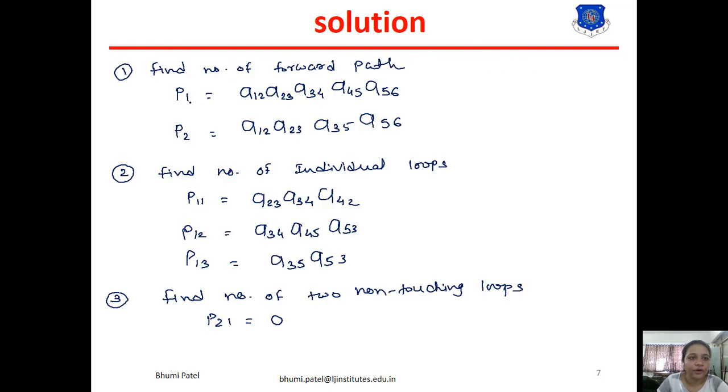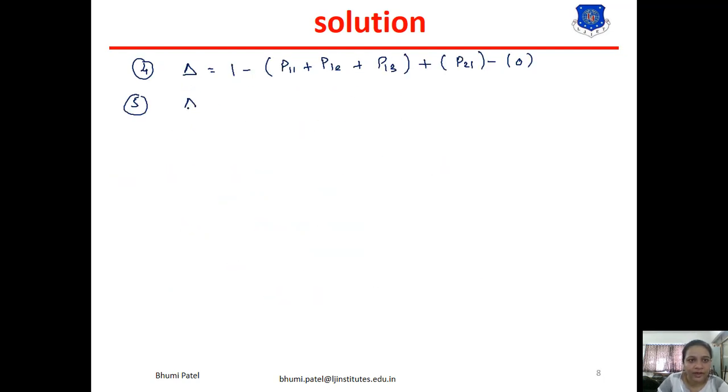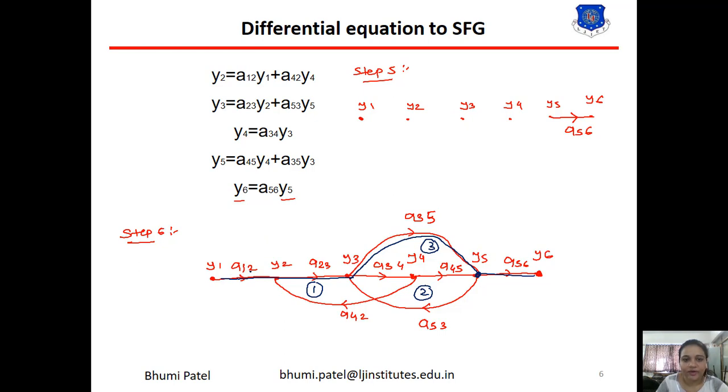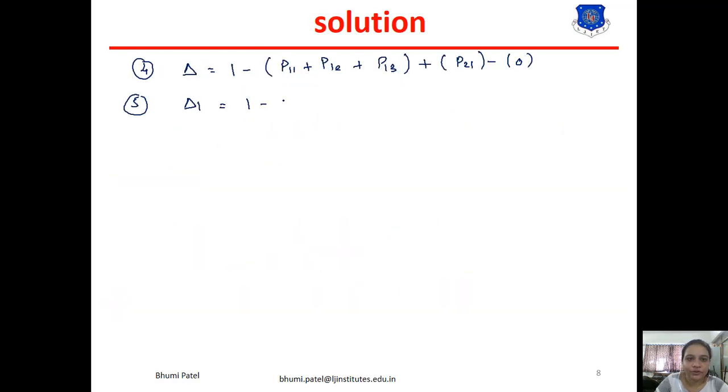Here two forward paths are given, so we can find two deltas. First, delta 1 is equal to 1 minus all the loops that do not touch the first forward path. Here the first forward path is a12, a23, a34, a45, a56. All the loops touch this forward path, so delta 1 is equal to 1 minus 0, which is 1.